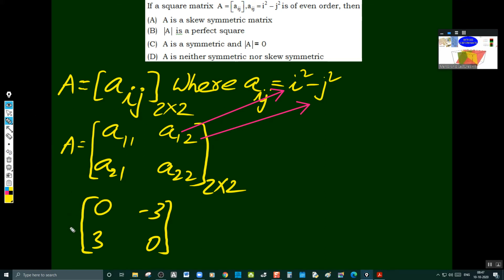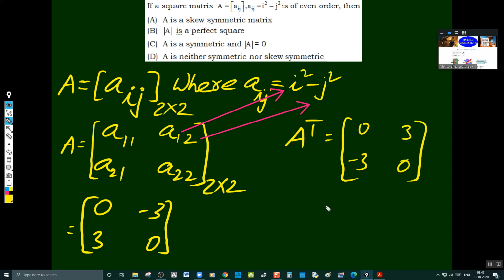So what is to be understood? It is very clear that this is minus 3, this is plus 3. If you find the transpose of this matrix, A transpose is equal to 0 minus 3, 3 0. The transpose means row becomes column and column becomes row.